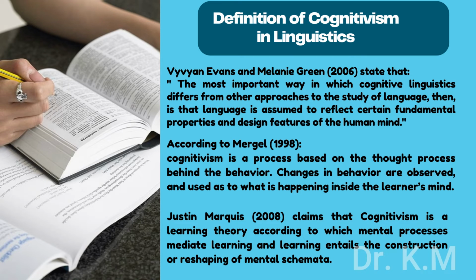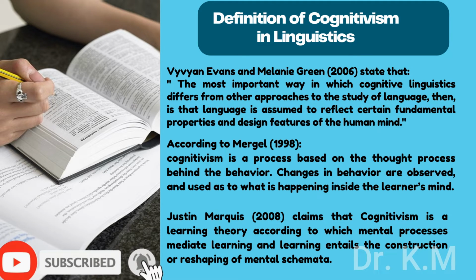Definition of cognitivism in linguistics. Vivian Evans and Melanie Green, 2006, state that the most important way in which cognitive linguistics differs from other approaches to the study of language is that language is assumed to reflect certain fundamental properties and design features of the human mind. According to Mergel, 1998, cognitivism is a process based on the thought process behind the behavior.